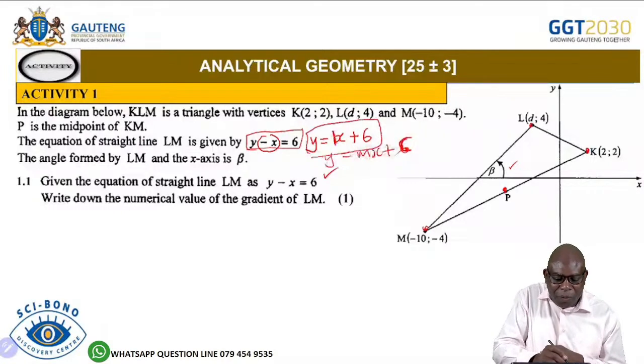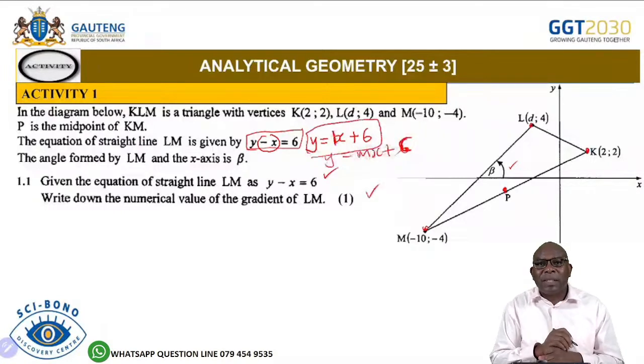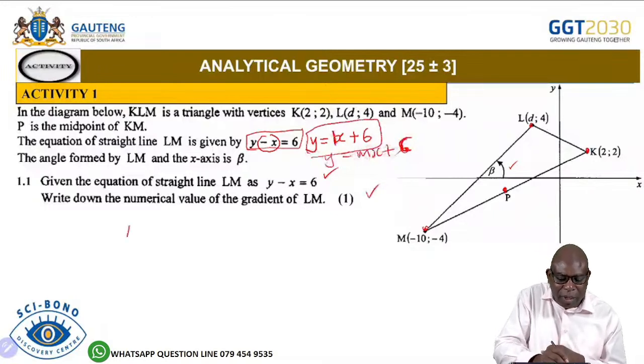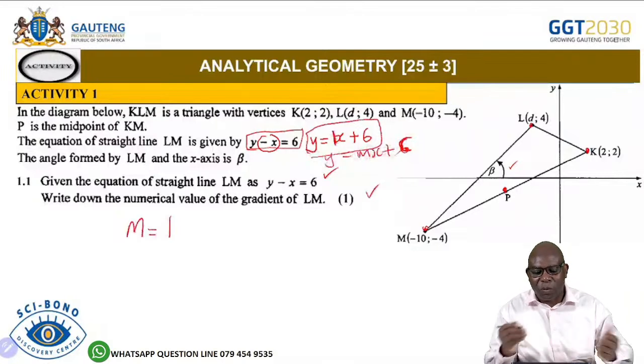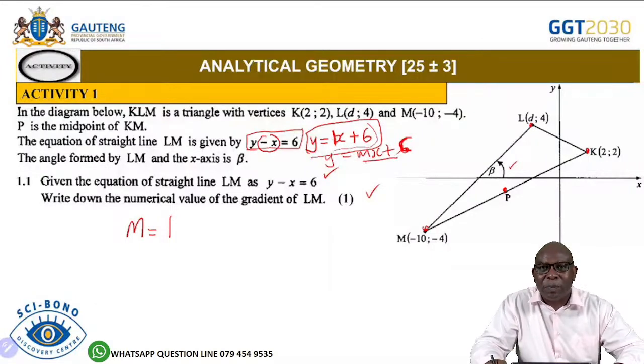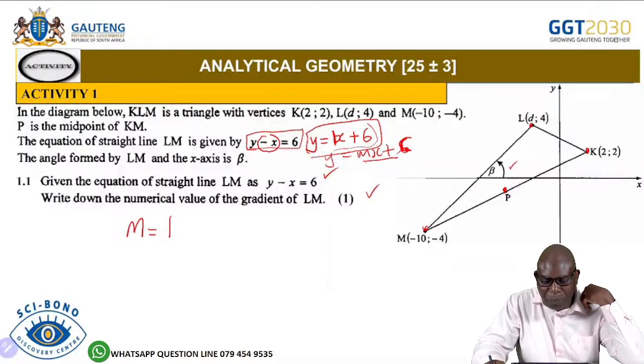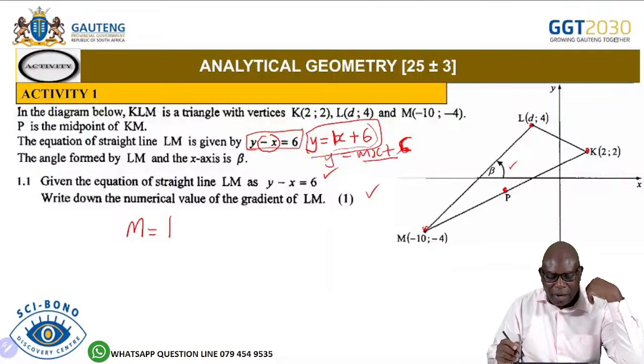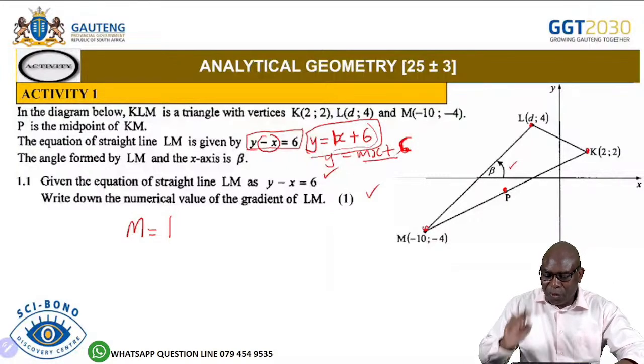So 1 mark only, we must get that 1 mark. We need to write down that the gradient will be 1, and that's 1 mark. I've already written it as y equals mx plus c, of which the m will be the gradient of that line. Now let's carry on.